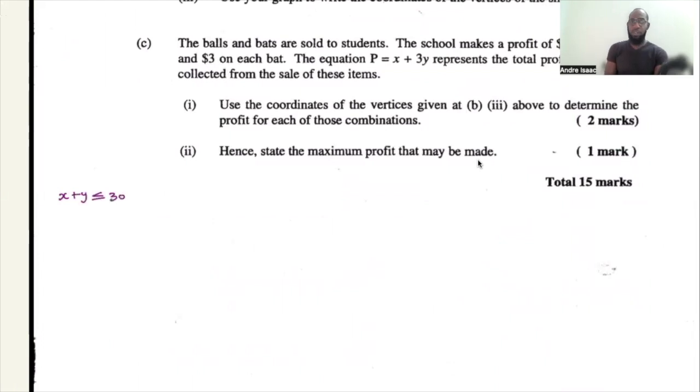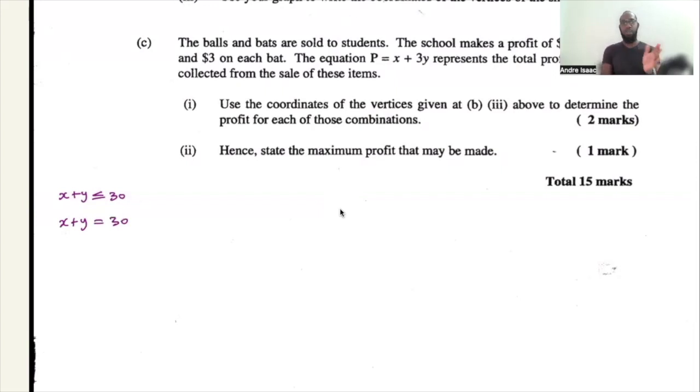You could use any number, but I like to use 0 because it's the easiest way to get 2 points from this equation. Rather than use less than or equal to 30, we deal with x plus y equals 30 in order to get a line. Then once we have the line, we'll deal with the inequality symbol.